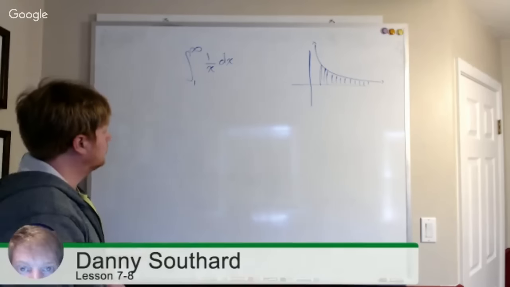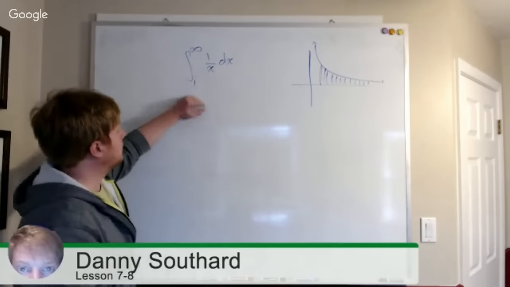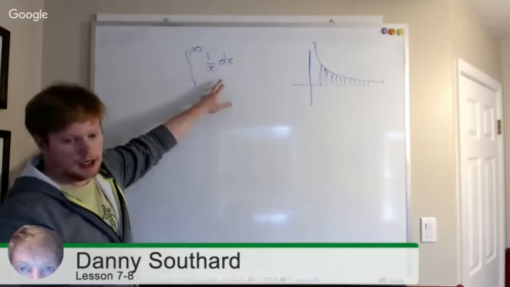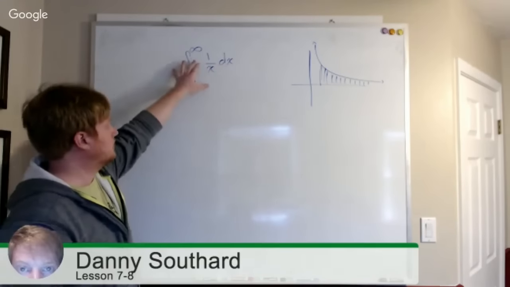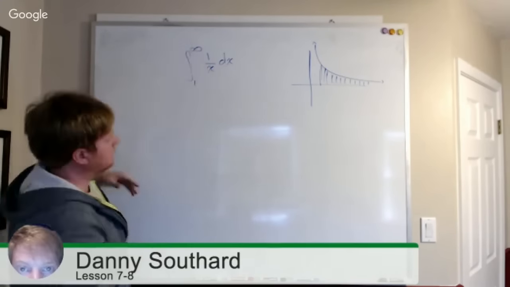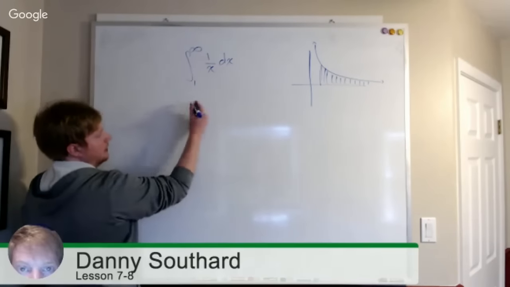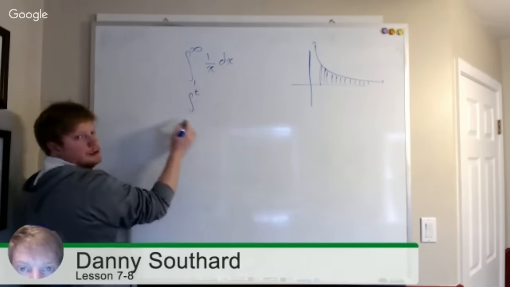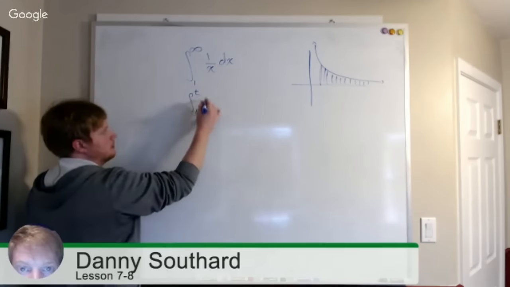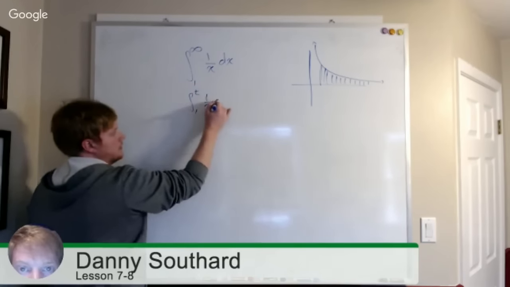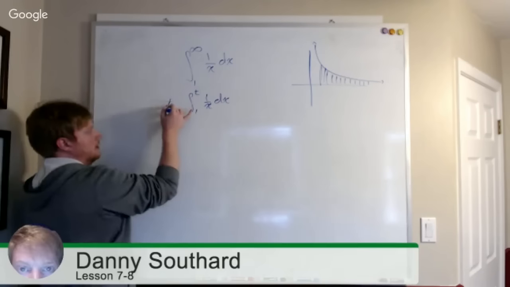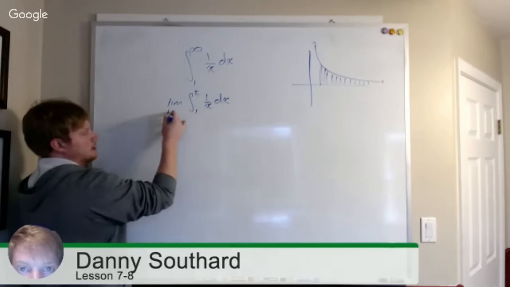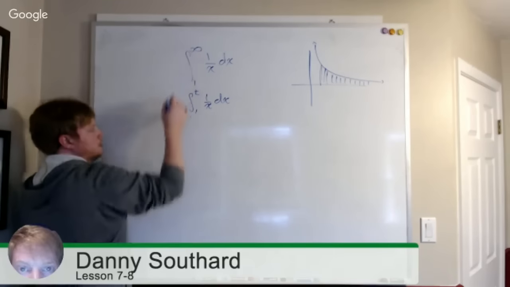I don't know, but let's find out, okay? So there is a way that we can calculate this. What we'll do is replace the infinity sign, or any of the places of discontinuity, in this case the infinity sign, with some variable. T is what's typically used for this method of integration. And then what we'll do is evaluate this integral and then look at the limit as t goes to infinity.